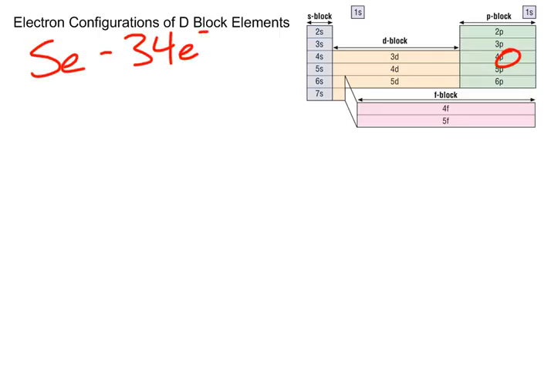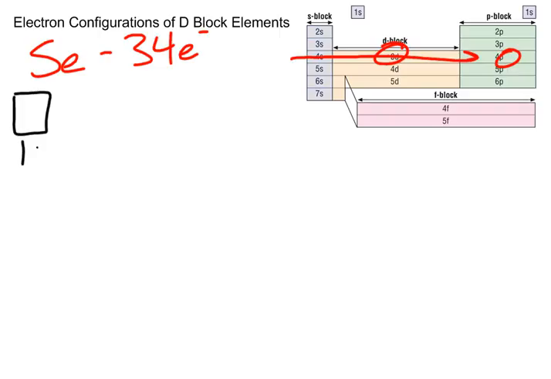Now, when I'm getting all the way to 4p, remember, when I'm passing through the 4th energy level, I have to pass through the D block, or 3d orbital. So, let's do my orbital diagram.